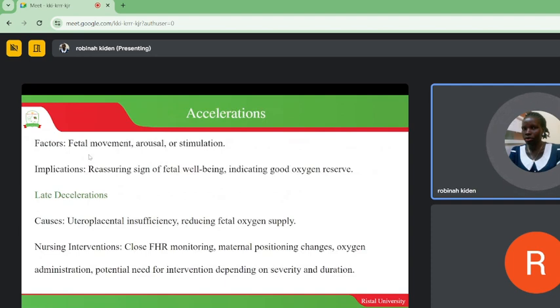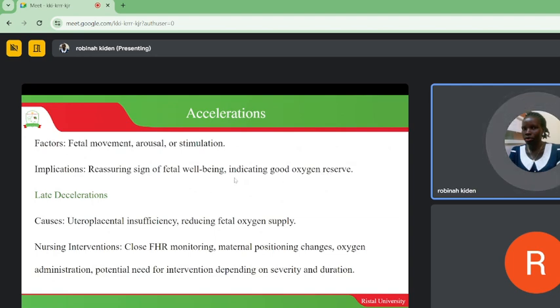Then accelerations. What are the factors that can lead to accelerations? One can be fetal movement, arousal, or stimulation. More so when the mother has been administered oxytocin, it sometimes can lead to these accelerations. Well, what are the implications? A reassuring sign of fetal well-being, indicating good oxygen reserve.